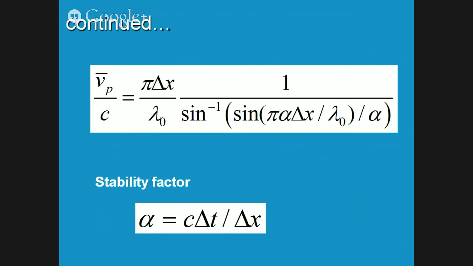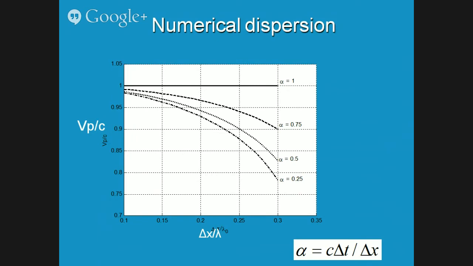We can put it in this form, trying to find out the phase velocity, normalized phase velocity as a function of delta x, etc. Where the alpha in this equation is called the stability factor, and depends on both delta t and delta x, as defined over there. Now, when we present this equation in a graphical form, on the y-axis we have normalized phase velocity, on the x-axis we have delta x normalized to lambda.